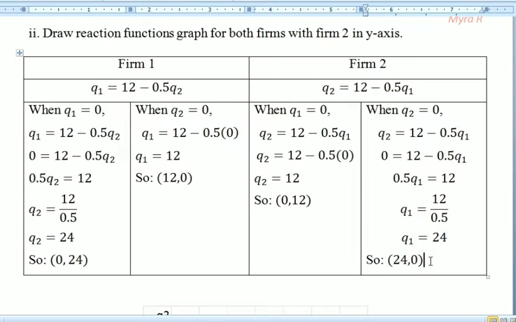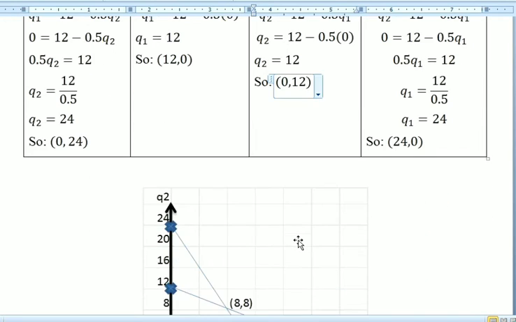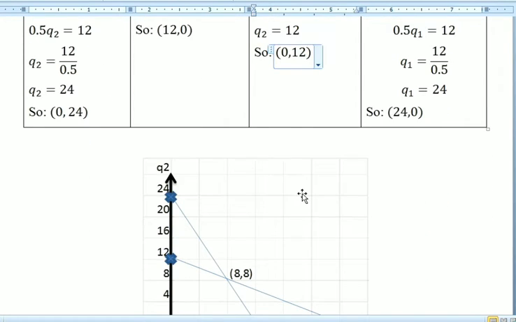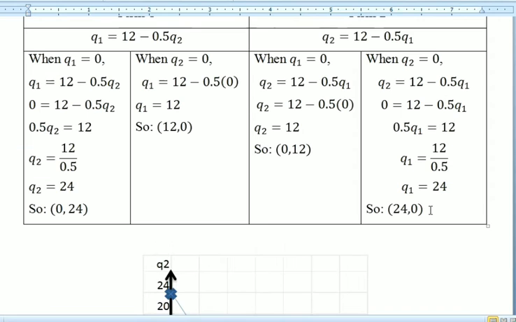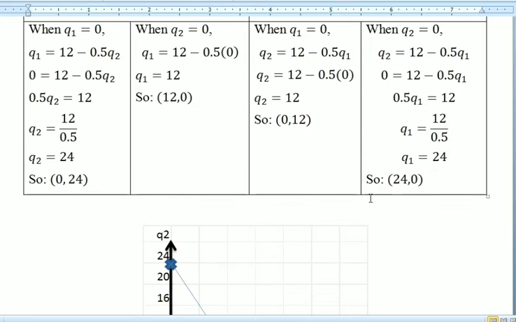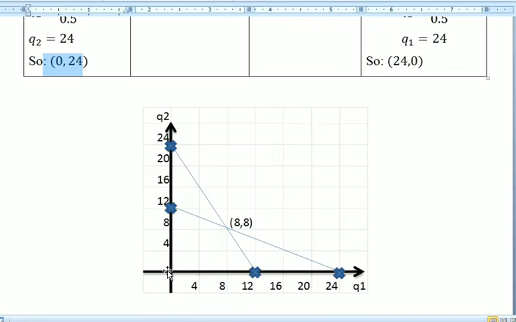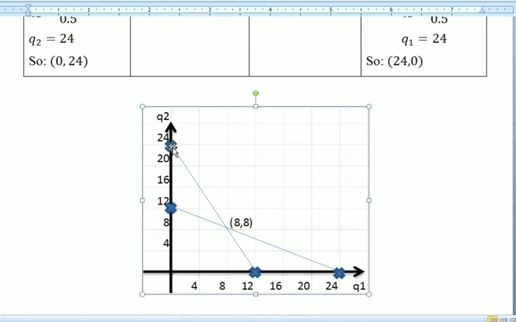Then we are going to draw the graph. The coordinate (0, 24), with x equal to 0 and y 24, so we mark the coordinate. Then (12, 0), x 12 and y 0.